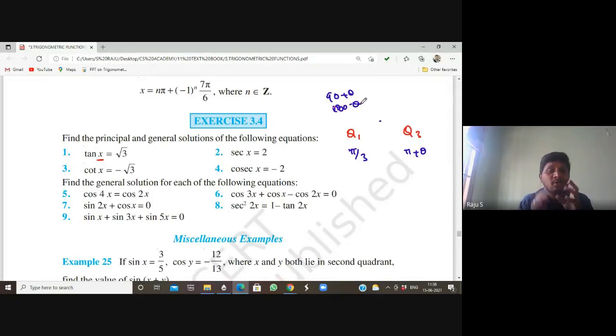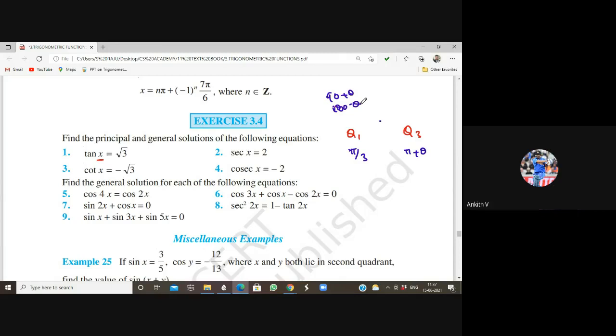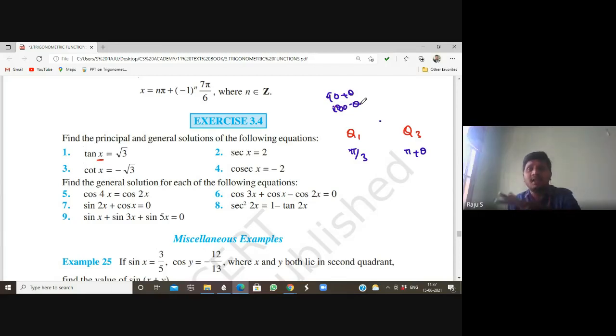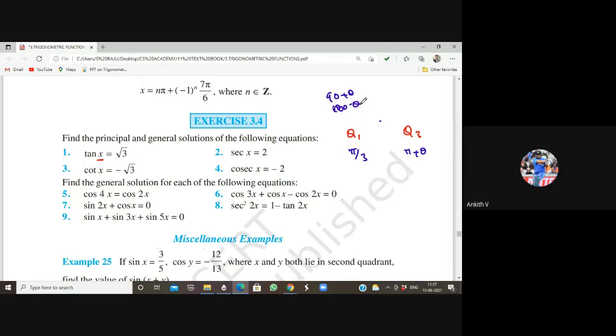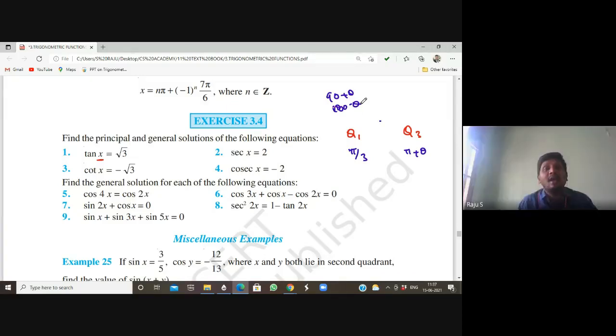But remember, to find the principal solution, you should take only the allied angles based on 180 and 360, like 180 minus theta or 180 plus theta. Don't take 90 plus theta, then the trigonometric function will change, sir. Yes, the function will change.